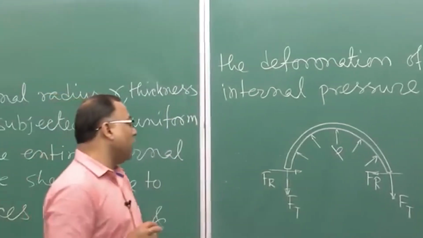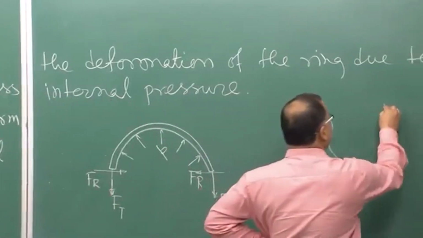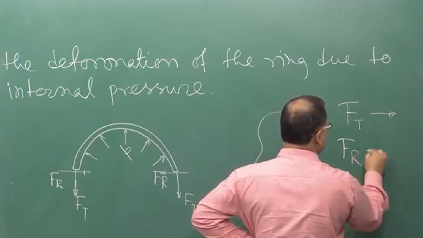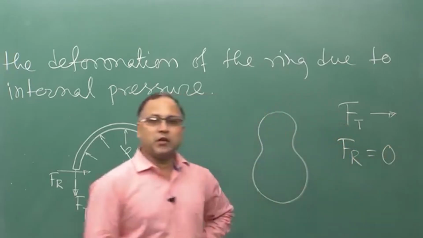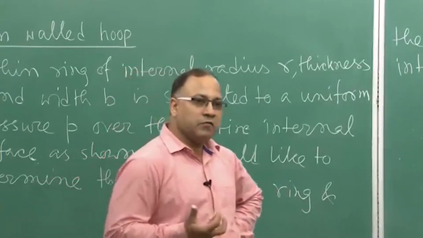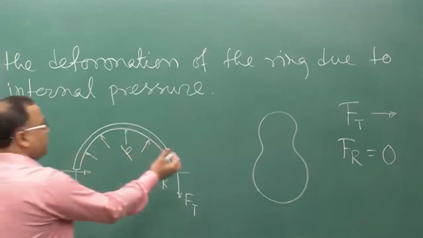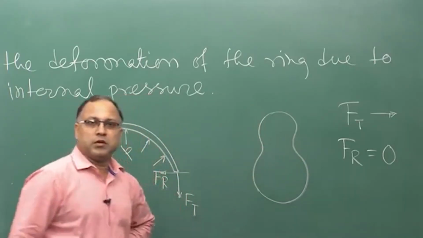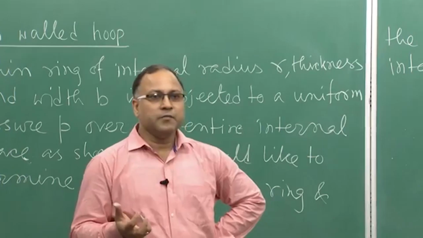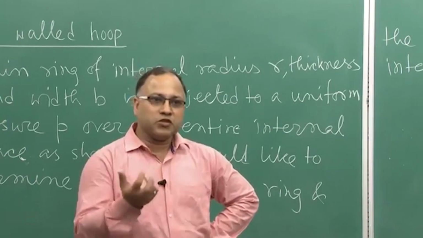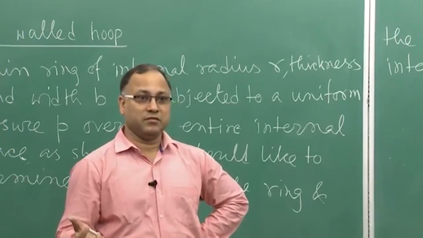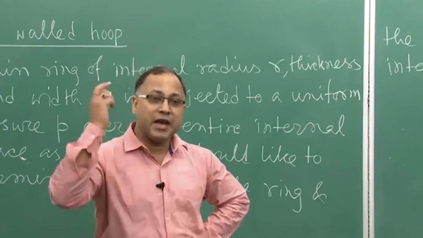So, what we can conclude is Ft should be there, but Fr must be 0, otherwise my symmetry is getting disturbed. Under fluid flow or gas flow, you never get this kind of shape of the pipe, because Fr is not there. If Fr is there, then you might get this, but Fr cannot be there because your symmetry has to be satisfied.